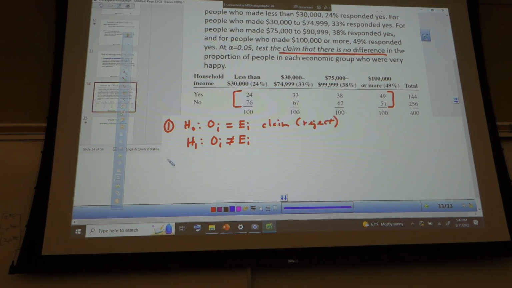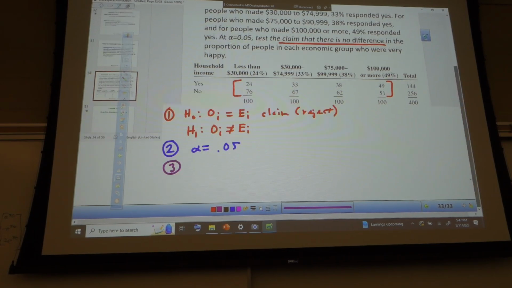Step 2. Connor. Alpha is listed at 0.05. Great. Step 3. Sean. Well, first just do the matrix and set it all up, but it's chi-square test, matrix A. What did you get for your p-value?